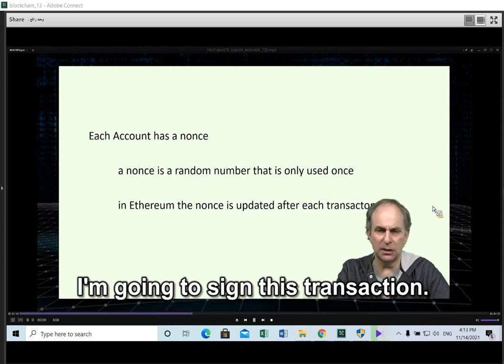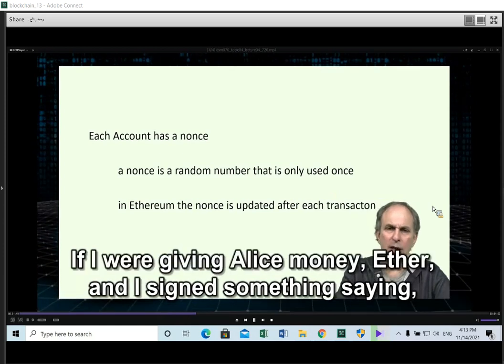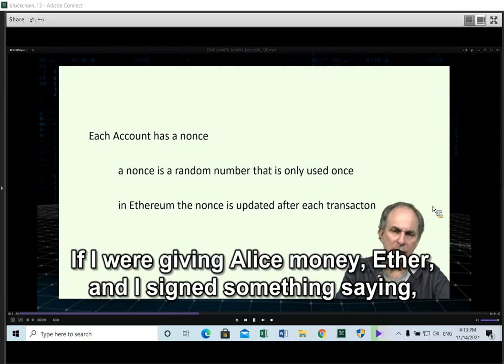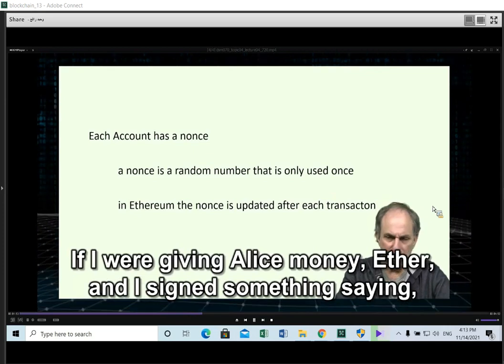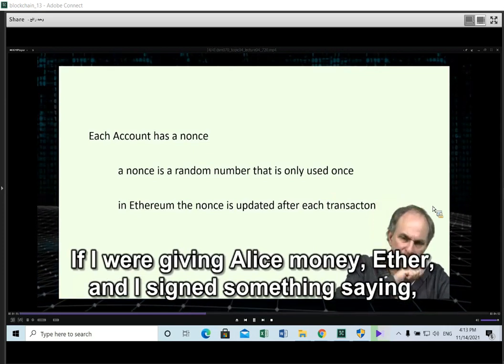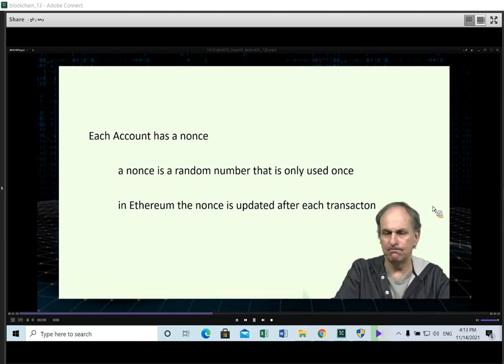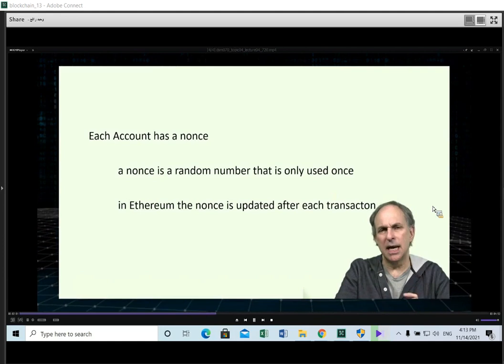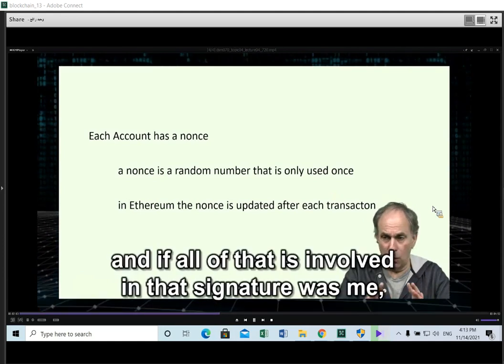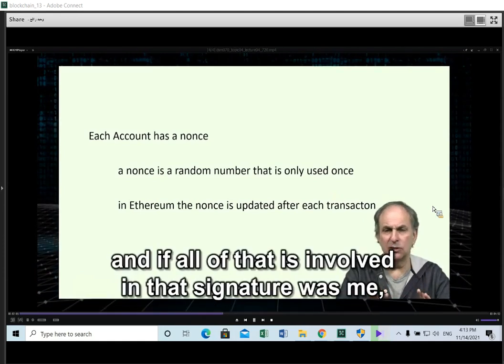But what stops that from happening is the nonce, which changes, which means that my signature of that transaction now is not useful to sign anything else. So there's no use in knowing that. It's not going to let you do anything else.